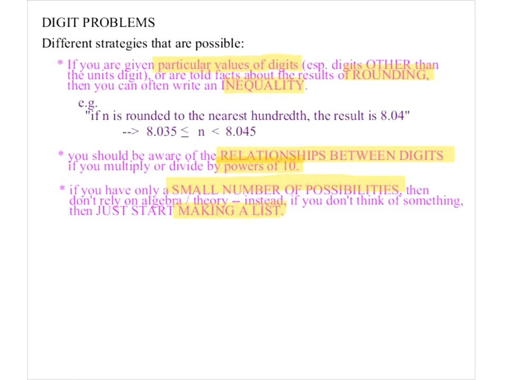If you can't figure out anything else to do, then just start plugging in values and looking for patterns.